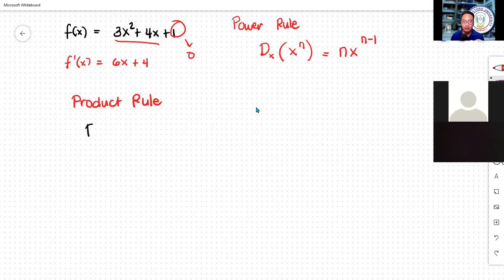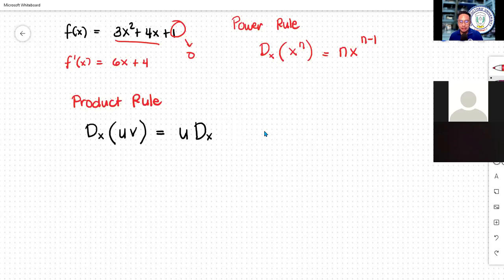If you have the derivative of u and also v, because this is a product, it's multiplication. This is very simple, guys. You copy the u, whatever u you have, and then you take the derivative of the second expression, which is v. It should be d, not o. And then you add the derivative of the u.